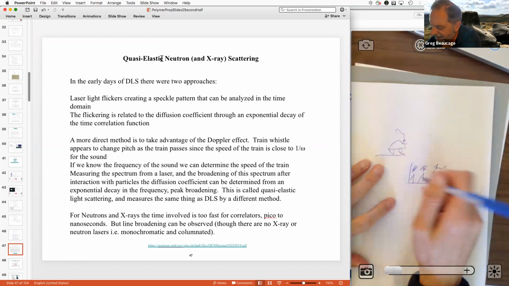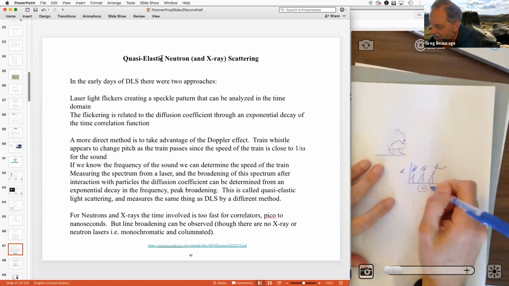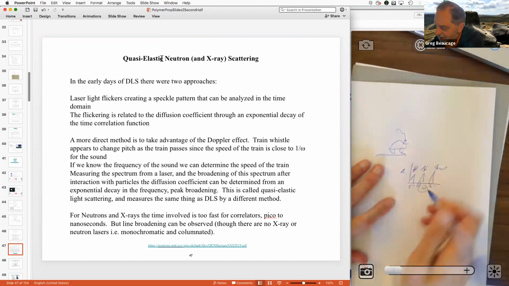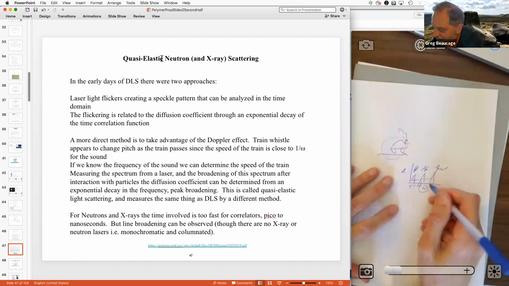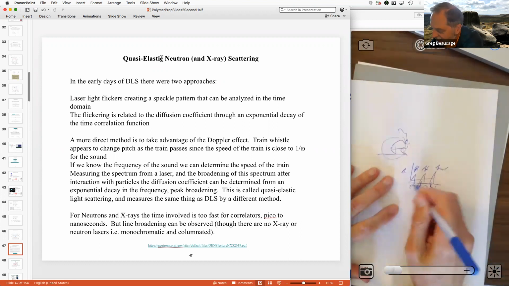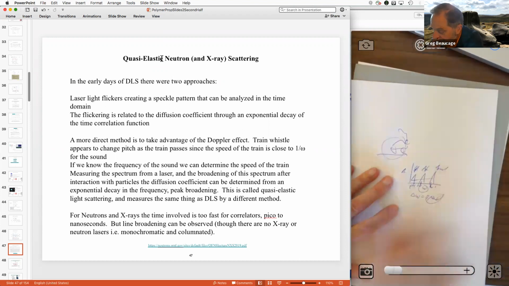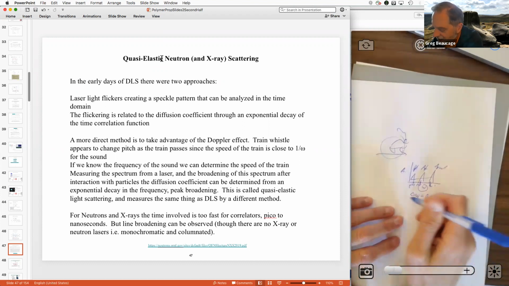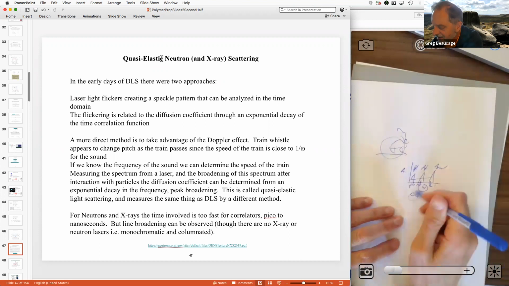This is amplitude versus frequency, and this is time 1, time 0, time -1, whatever. So frequency changes as it flies by, and that tells you how fast the train is going. If you measured these frequencies, the delta frequency would equal the speed of the train, because the speed of sound is within the range of the speed of the train. So there's a significant effect of the train in the sound.